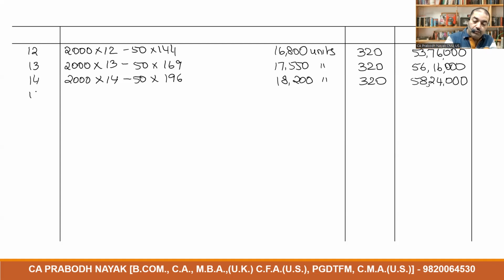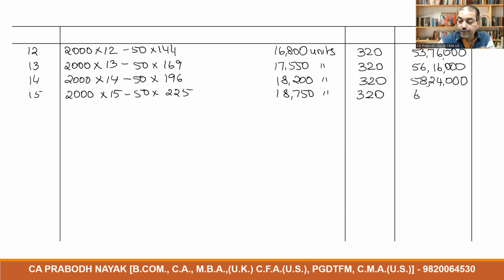Month number 15. So now we are inching closer towards 20,000 mark. Keep a track. First calculate and then write. 18,750 into 320. 60 lakhs.